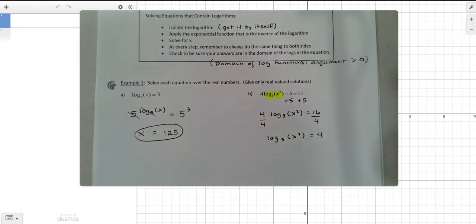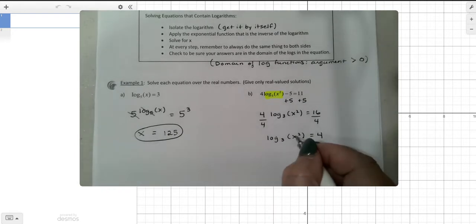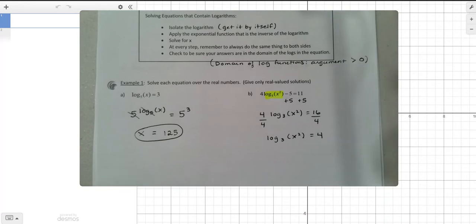All right, I've got a log base 3 here that I would really like to get rid of. So I'm going to say, what's the inverse of the log base 3? It's the exponential base 3. So exponential base 3 on the left. And then I must also do the same thing, exponential base 3 on the right.